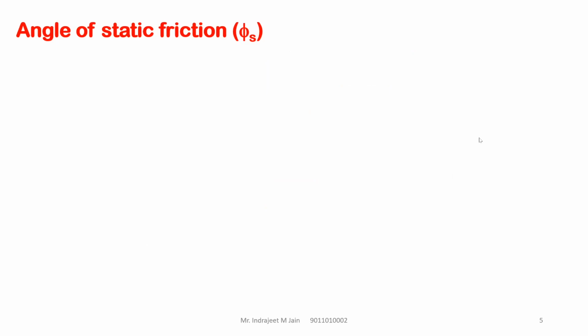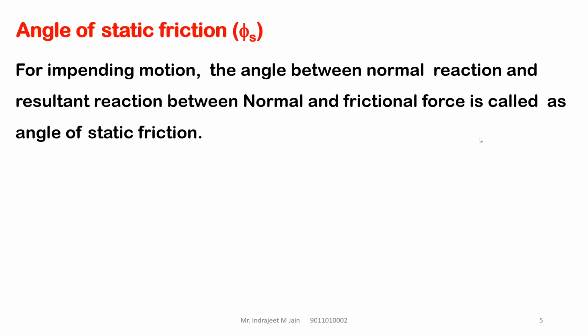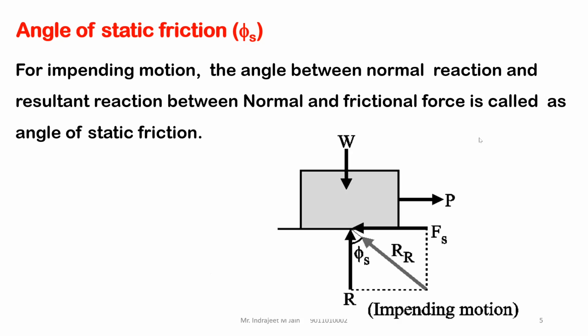Next is the angle of static friction, denoted by phi. For impending motion, the angle between the normal reaction and the resultant reaction of the normal and frictional force is called the angle of static friction. See this figure.